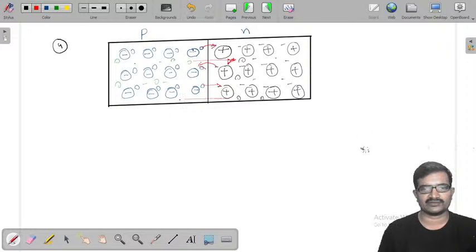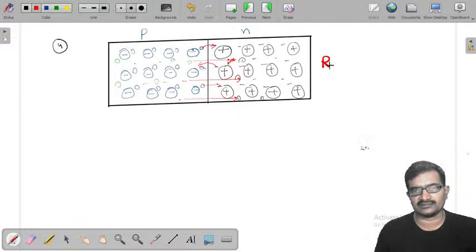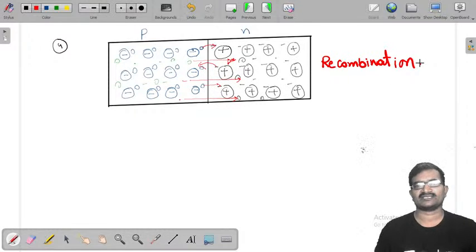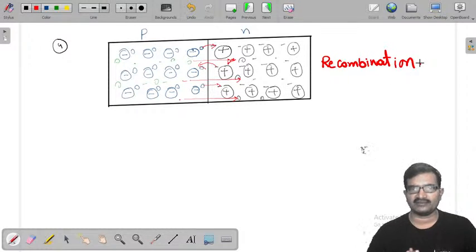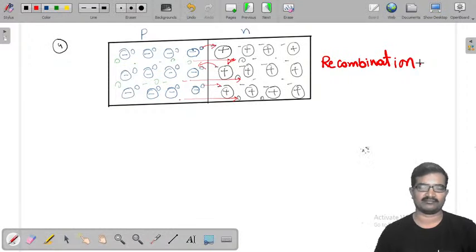So the next event that takes place here is recombination. Recombination is the next action. The first action we observed is the diffusion. The second action that takes place at the junction is recombination.